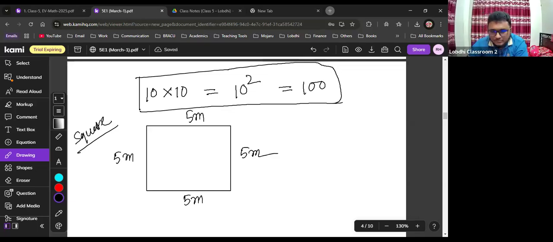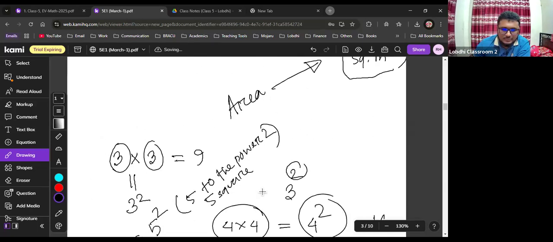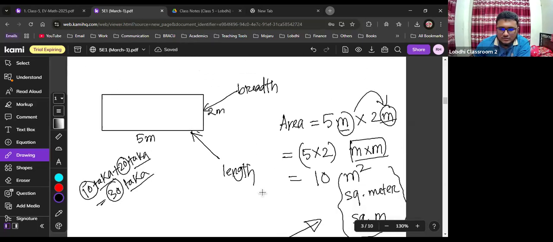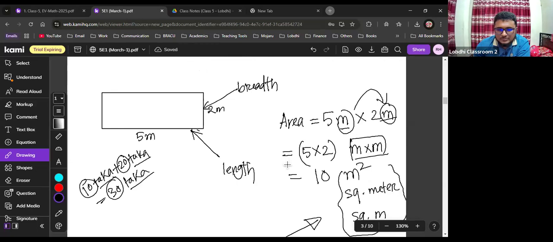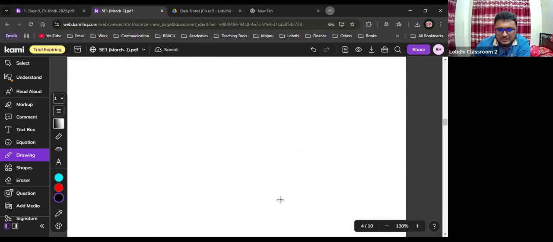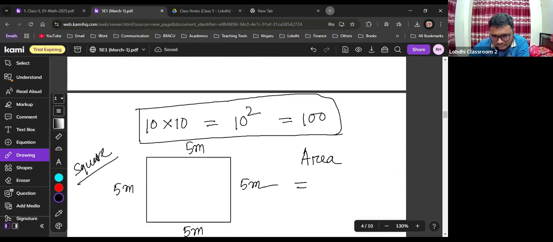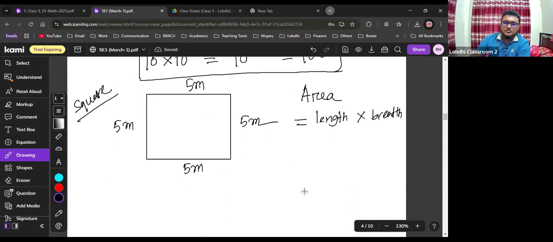Now, if we are asked to find the area of it, whatever we have studied about area, just try to recap. Length multiplied by breadth. Now here comes a crucial moment. We actually heard that length is the bigger one and breadth is the smaller one.